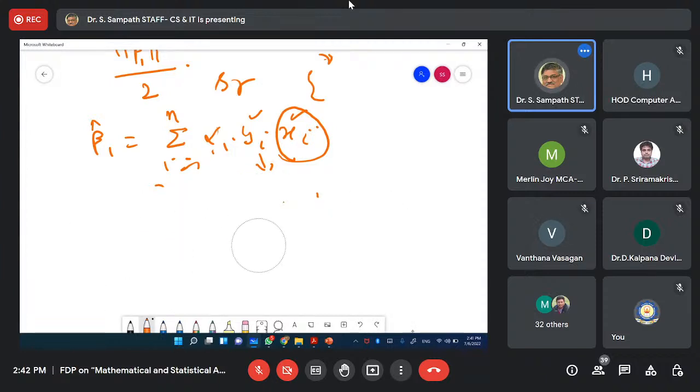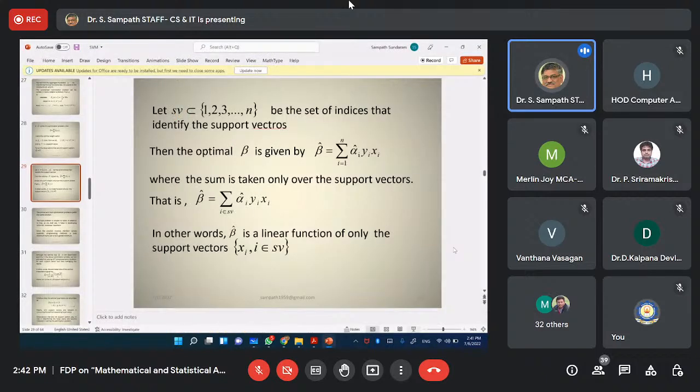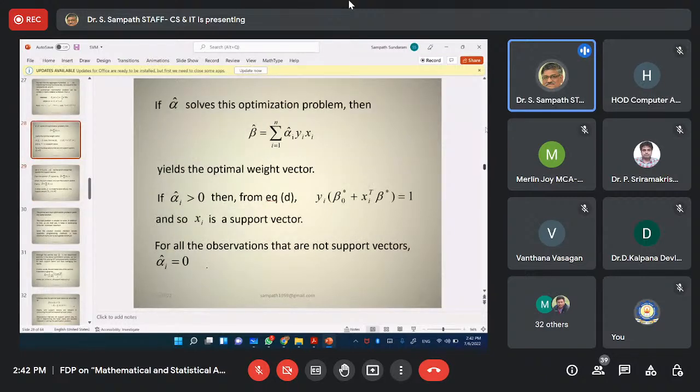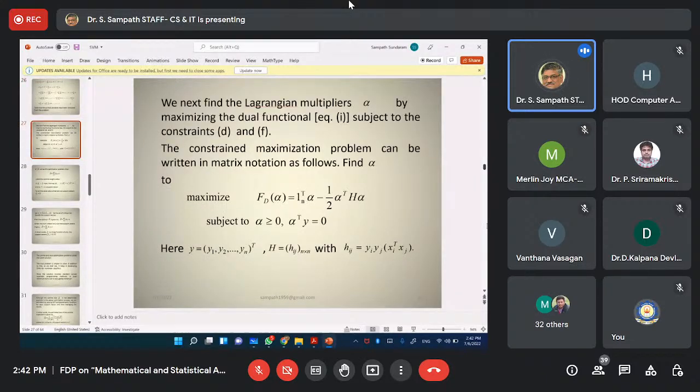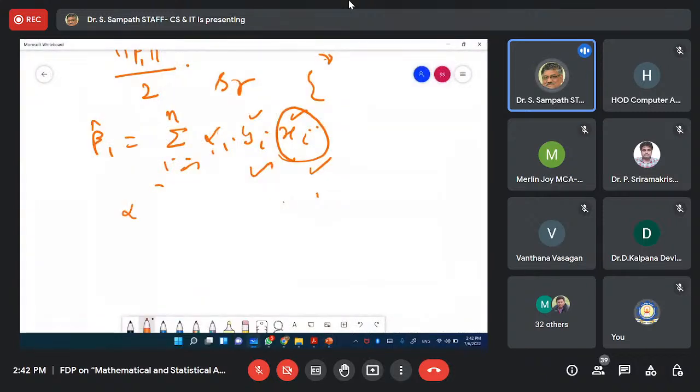So there is no problem related to this yi and xi; these are known. But alpha i, all of a sudden it has come. With a little bit of derivation, you can understand that alpha i is obtained by solving the system of equations, alpha transpose y is equal to 0.